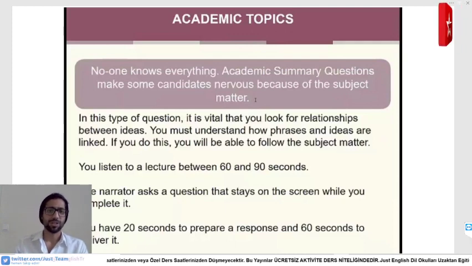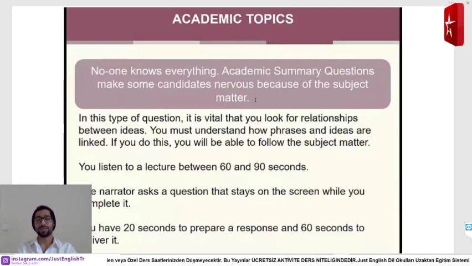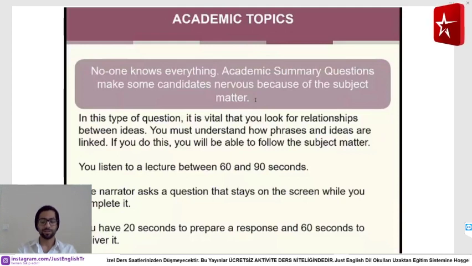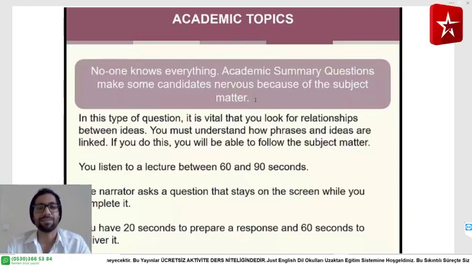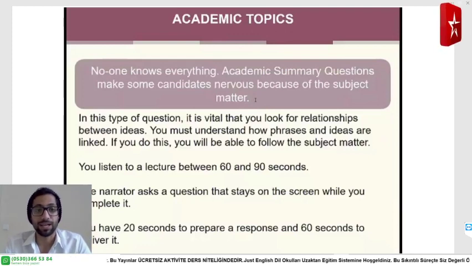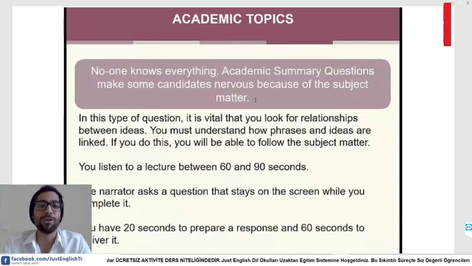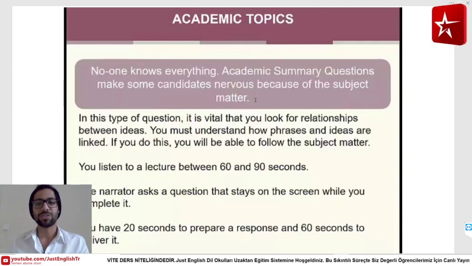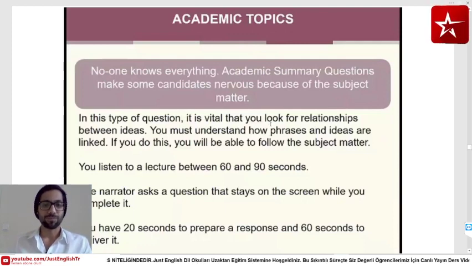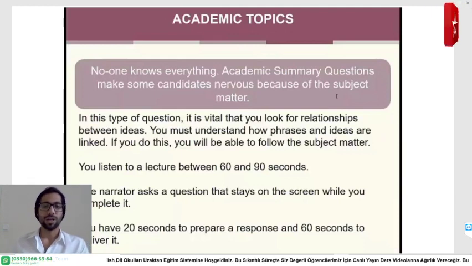Academic topics. Here, this is what I talked about earlier. I said to you, don't be scared or frightened about having academic topics. Here he says, no one knows everything. Academic summary is very essential. So you need to put very important vocabularies into good notes.